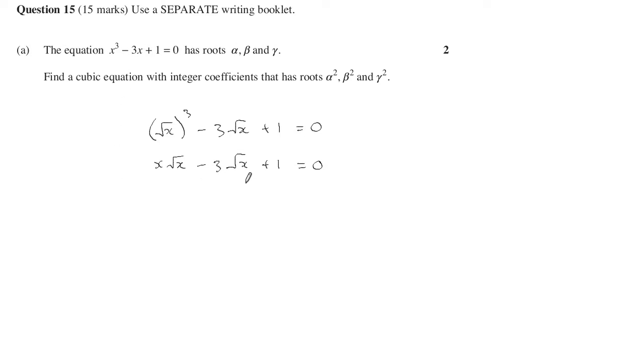So what we might try is keeping all the square roots over one side and move everything else over the other side of the equation, and then we'll square both sides. So I'll move the 1 over to the right, and then I also might factorize the left-hand side, because you've got the root x in each part. Okay, now we can square both sides of that equation.